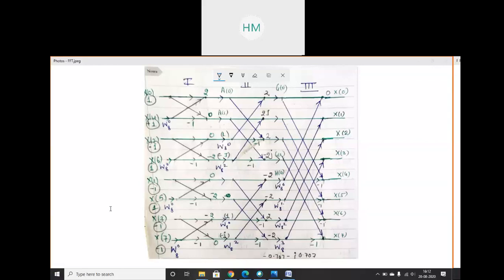X of 1 is 0. Other answers? Yes, student. It's 2j. No, I don't think these are the right answers you are telling me. I know the calculations have become a little bit tough here. So x of 1 क्या है? सबसे पहले देखो g of 0. No, it's not that. This is not the answer. You are getting both real and imaginary terms over here. So क्या आ रहा है मेरा x of 0? G of 0. What is my g of 0?